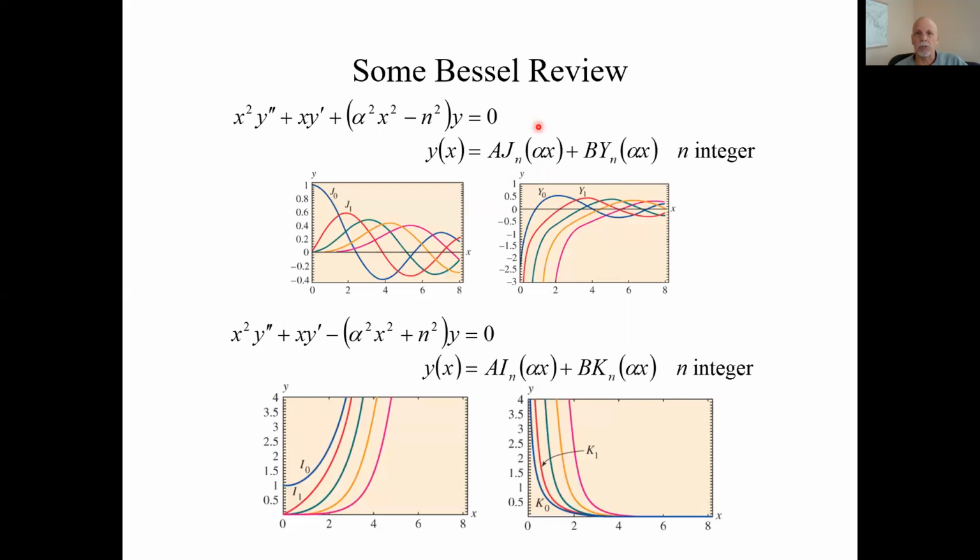Here is its general solution. Here's what Bessel functions of the first and second kind look like. Here is a modified Bessel equation, again for integers. It's a linear combination of modified Bessel functions of the first and second kind, and here's what those functions look like.